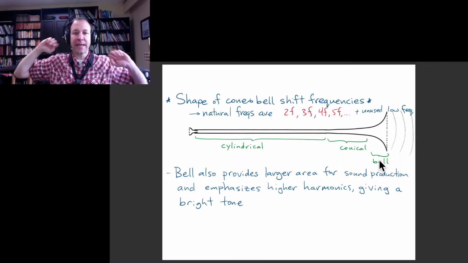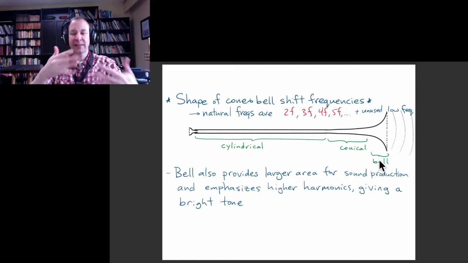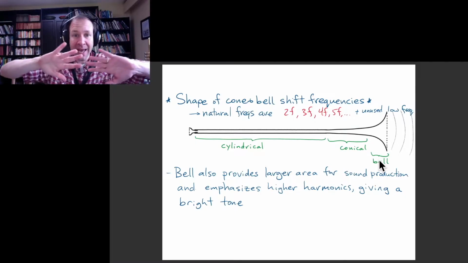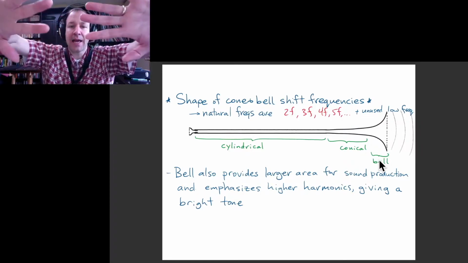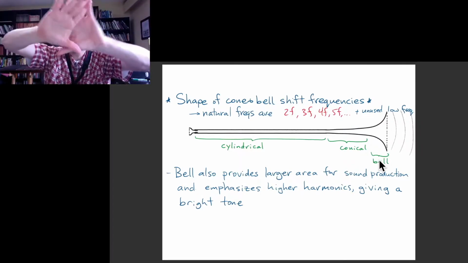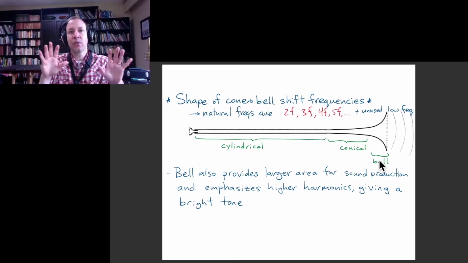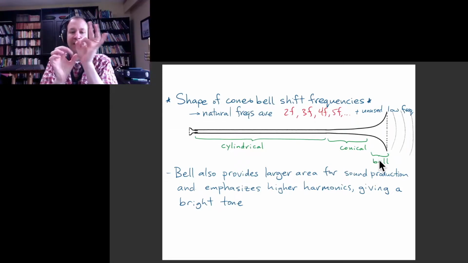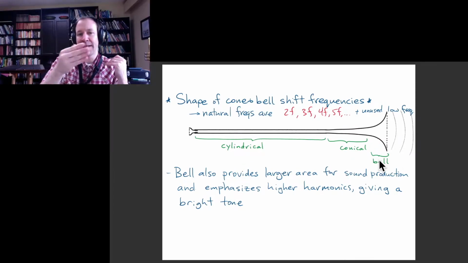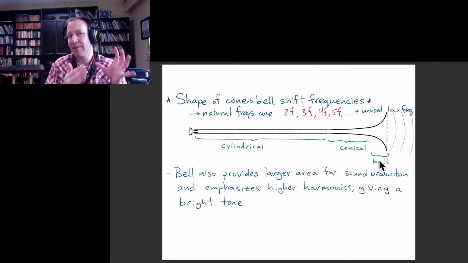And so when you have a standing wave inside the tube, and that ends up getting transferred to the end of your trumpet, and you have oscillations of the air over that entire bell area, well, that's just going to produce more sound than if you had a small end of the tube and a small area, and the oscillations were restricted to that region.